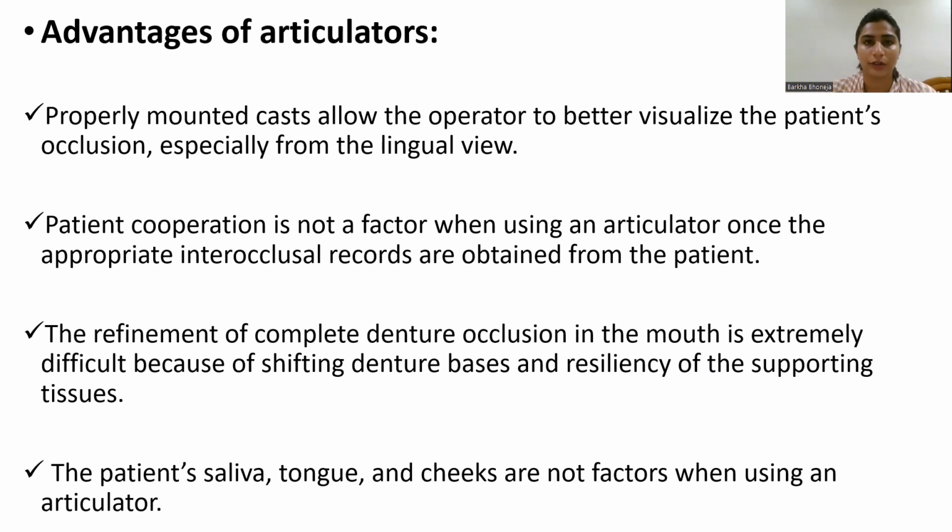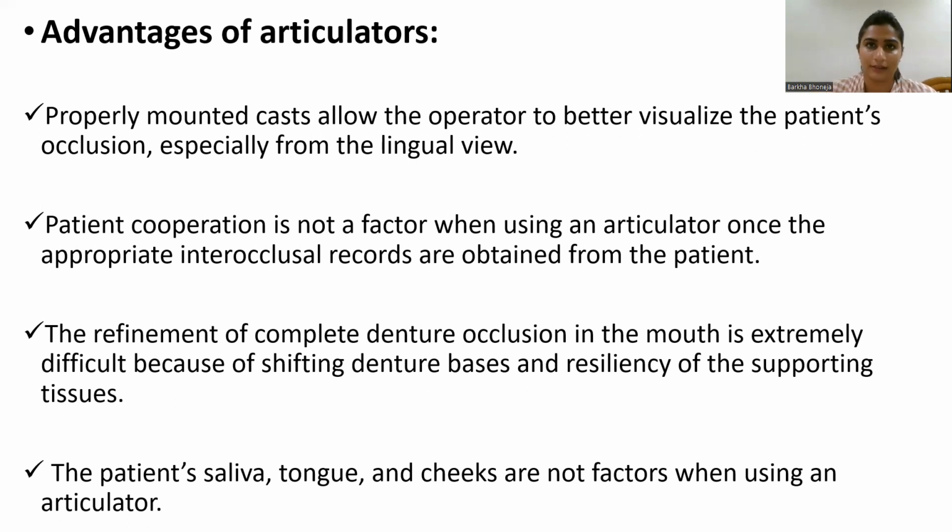So you have to put a lot of different colored articulating papers into the mouth. There is saliva, there is tongue, and because of that the denture base may or may not be stable enough for you to get that proper occlusal marking, and then you have to take it from the mouth. You will have all the saliva, then you have to wash it. While washing, the marks may also be gone.